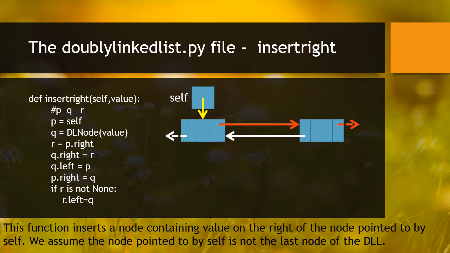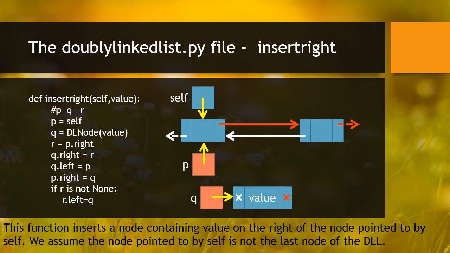So P is self, Q is a new doubly linked list node containing value, and R is pointing where the right of P is pointing. Now the red pointers are the right pointers. The right of P is pointing to the node on the right. Make R point to that. This is it.